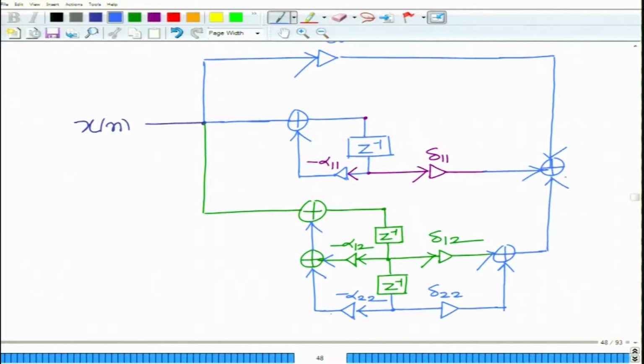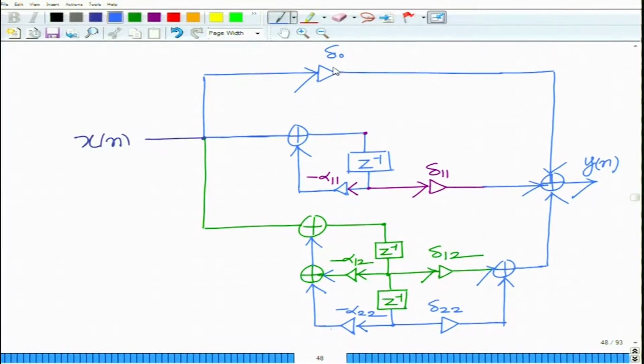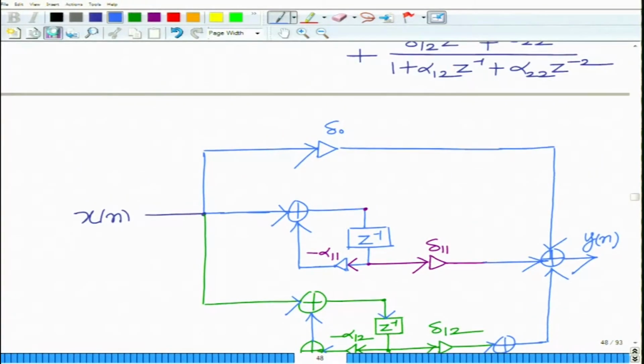So, this is the second order factor, and if you combine them, the top gain is delta naught, then you have the first order factor z inverse, minus alpha 1 1 and delta 1 1 gain, then you have the second order factor that will be z inverse, minus alpha 1 2 delta 1 2, minus alpha 2 2 delta 2 2, and that is the net parallel form. So, this is your parallel form 2.